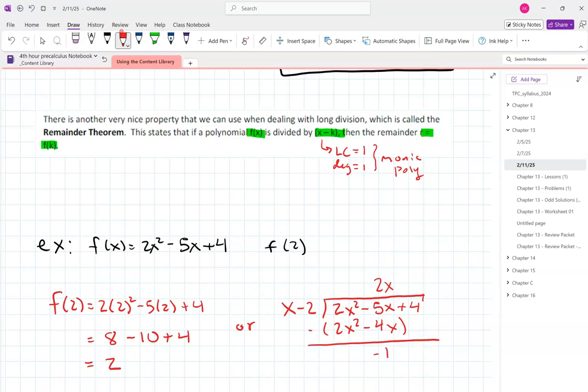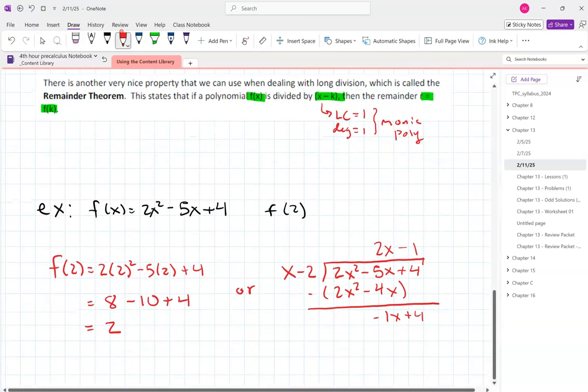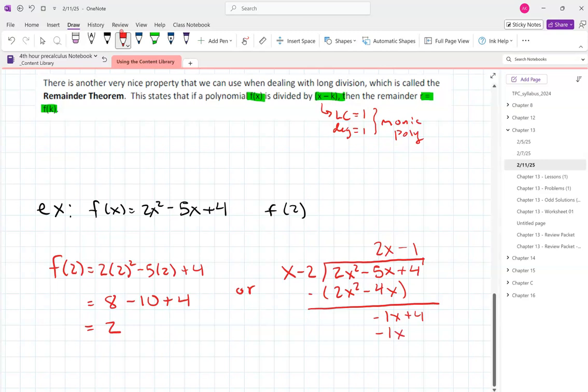Subtract down, negative 1, multiply that through, that's negative x plus 2, subtract down, and I get remainder 2. So the takeaway is that either way is going to give us the same value, right? I could use division to do substitution. I can use substitution to find my remainder.